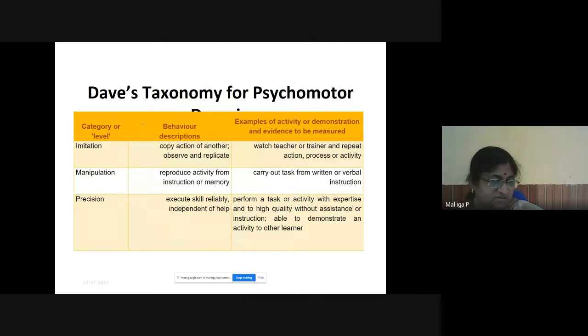Manipulation means copying the action of another, observing and replicating, reproducing an activity from instruction or memory. Let us say the professor is demonstrating. When I was in school, our chemistry teacher would never allow us to enter the chemistry lab in the first year, the initial stage. She would always demonstrate and we had to observe, and every time she got the award for the cleanest, best chemistry laboratory of the district.